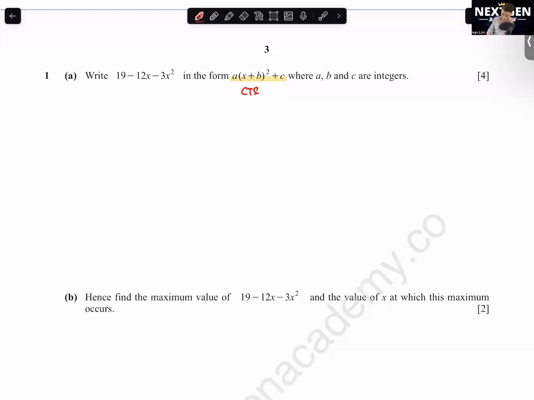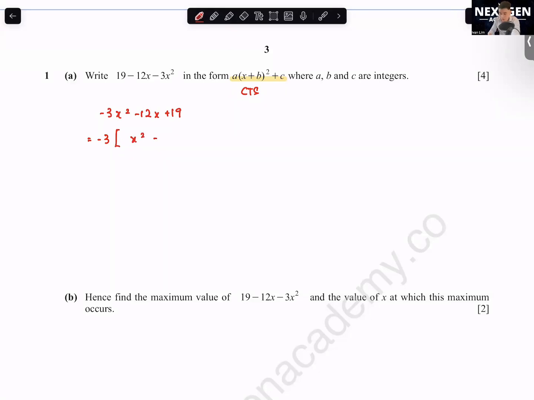So, first thing, let's rearrange the equation in ax squared plus bx plus c first: negative 3x squared minus 12x plus 19. This is what I like to do. I know most of you will factorize from A, B, and C, because if my A is not 1, I need to factorize A. But what I like to do is just factorize A from A and B. This is preference.